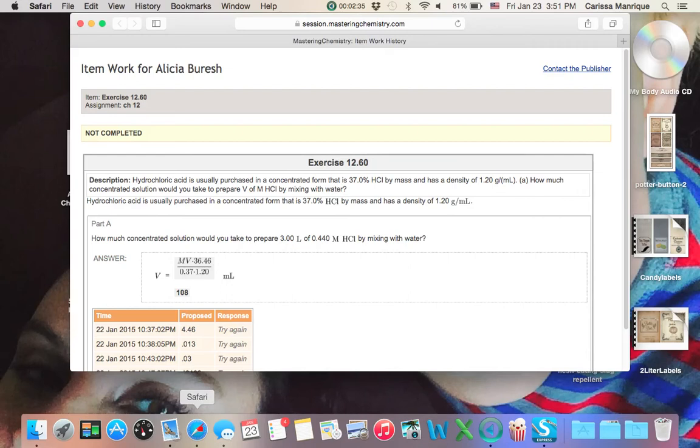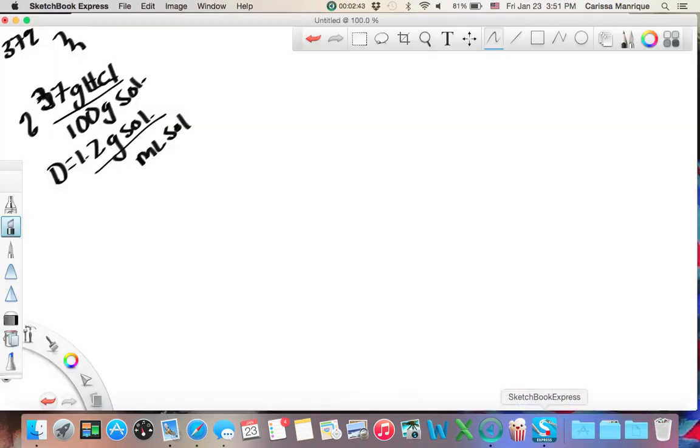This is going to be grams of solution because this is the density of the solution, over milliliters of solution, because that is the definition of density, gram per milliliter. And then we have 3 liters and 0.44 molar. We have 3 liters of solution and 0.44, and molarity is moles of solute, so moles of HCl, over liters of solution.